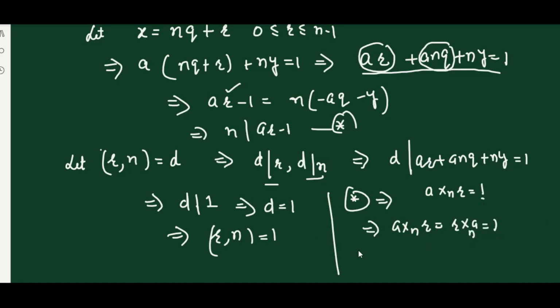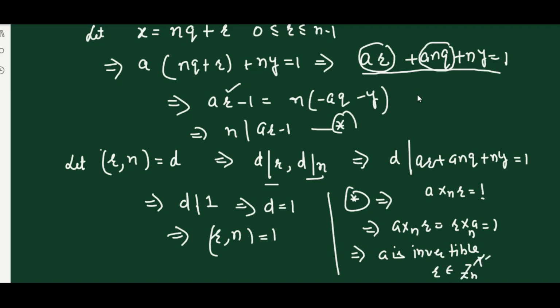So this implies R is the inverse of A, and this implies A is invertible and its inverse is R, and R itself belongs to the set Zn cross. So this establishes that every non-zero element of Zn cross is invertible. So it means we have completed all postulates for an abelian group.